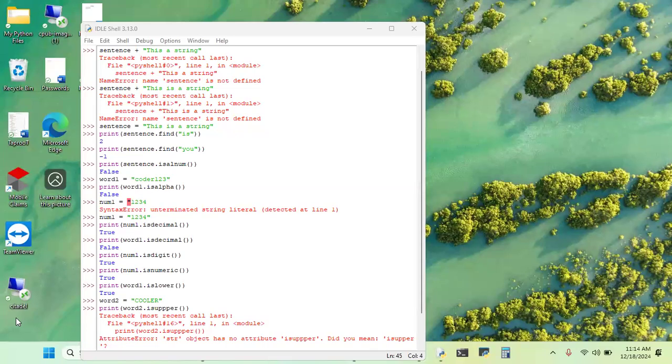I'll say, okay, for instance, go and find your book, or go and find your bag, what will you do? I'll go and look for it. Good. So in this example that you have now, you said sentence.find, and then you gave it what to find. The string is.